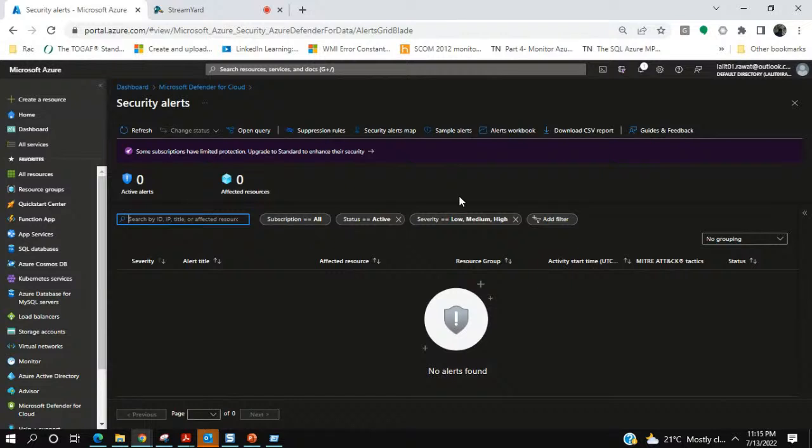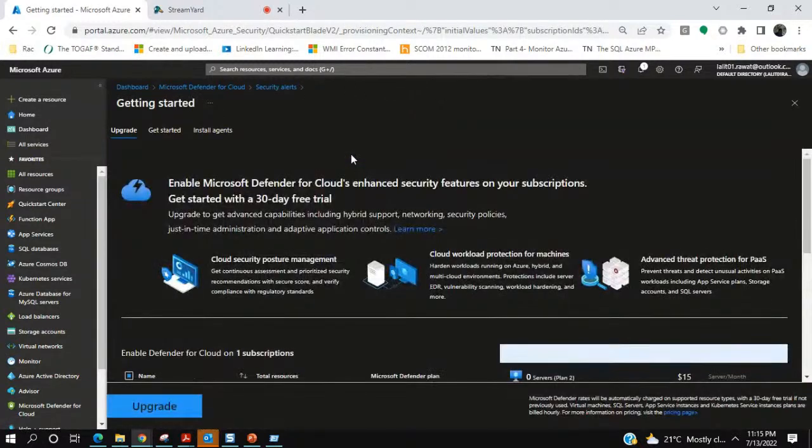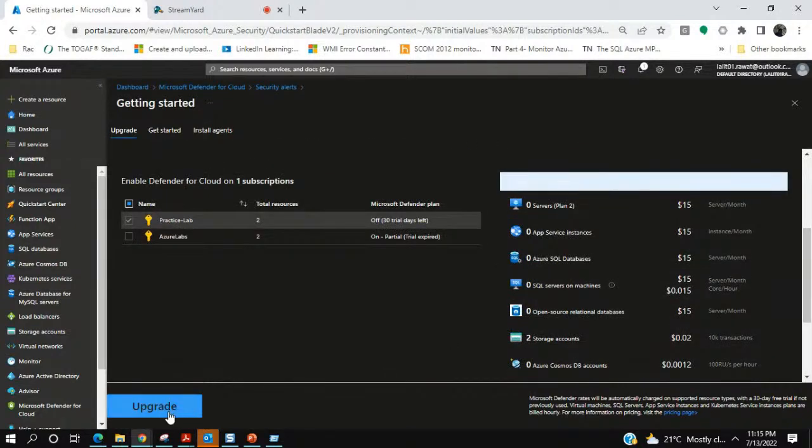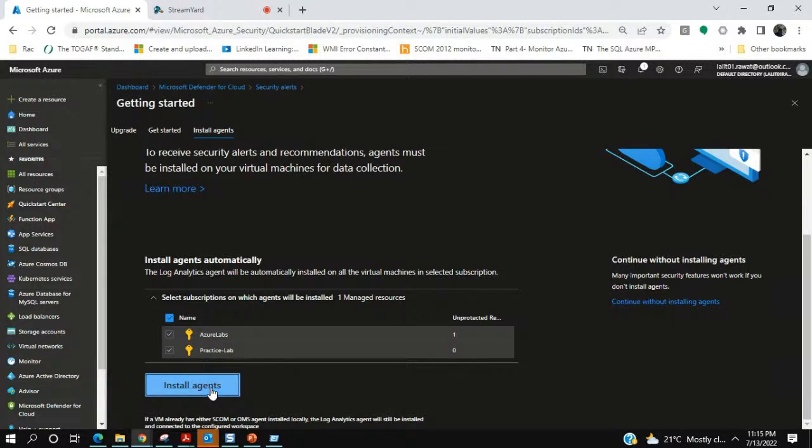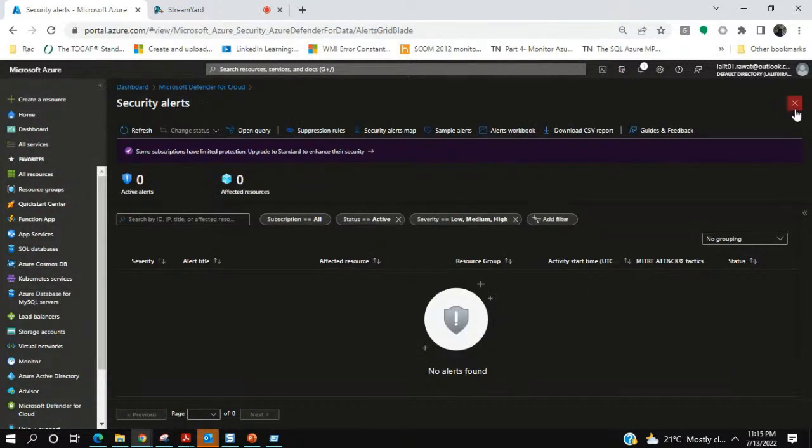You have a security alerts map, a sample alert, and an alert webhook. You can download that report to the CSP. I can upgrade also, that's absolutely fine, but it will take some time to implement. So that's how the security alerts will work.